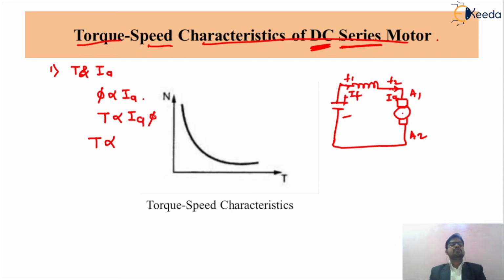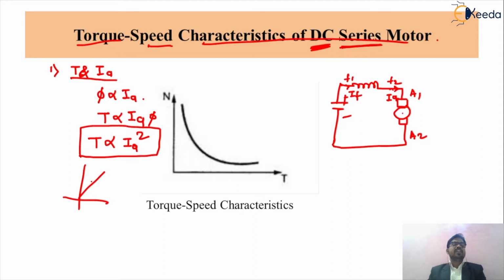We substitute the value of phi into that equation, and we get torque directly proportional to the current squared. This means the torque and armature current characteristic is a hyperbola-like curve, and depending on that, we can draw the torque and armature current characteristic. After that, we want to understand the second characteristic of the DC series motor.